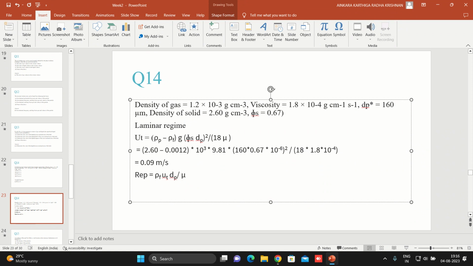So rho is 0.0012, dp is 160 into 10 power minus 6, and mu is 1.8 into 10 power minus 5, so 0.0012 into 0.09 into 160 divided by 1.8 into 10 power minus 2.